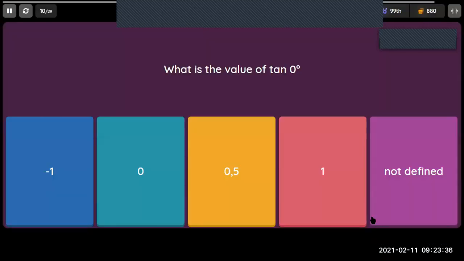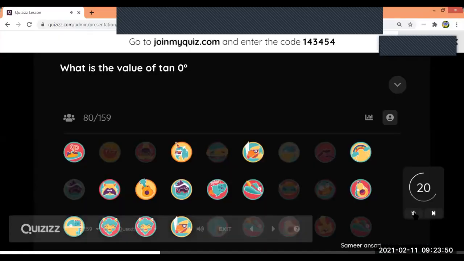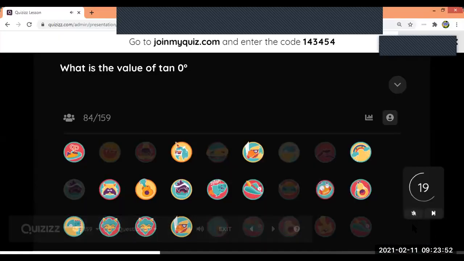Go to the quiz page and quickly try to answer it. Very easy question, and I'm going to end this question because everybody should give the answer within seconds, isn't it?